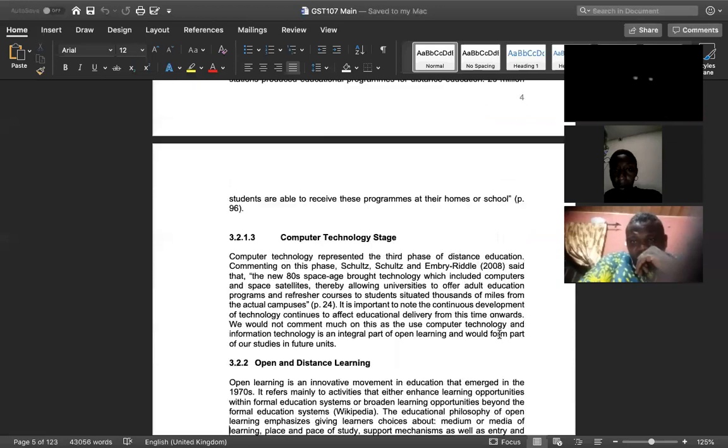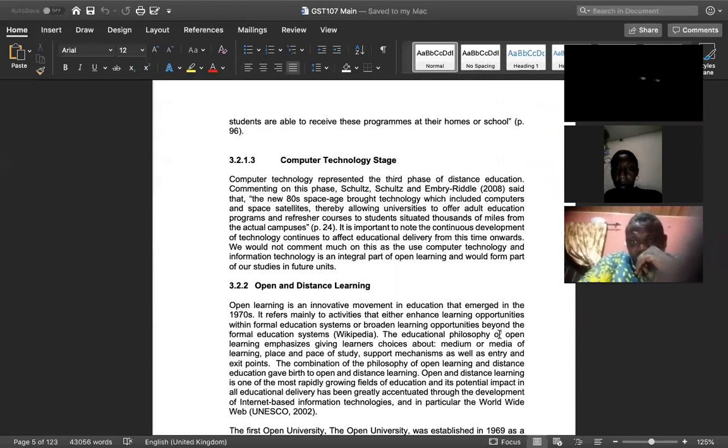And the 3rd stage is what I call the computer technology stage. By the time the computer came in, it was wow. Even till now, we are still under the computer technology stage. It's a very broad name that has covered everything from just the simple development of computer-assisted education to what we are doing right now, that we can call synchronous facilitation, video conferencing, whatever name you want to call it.